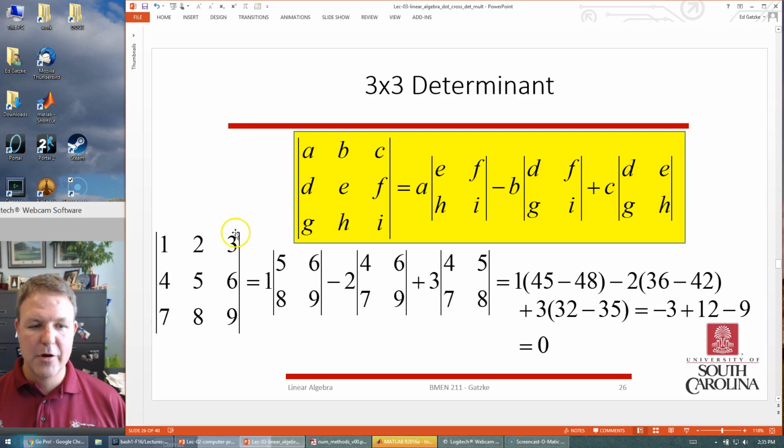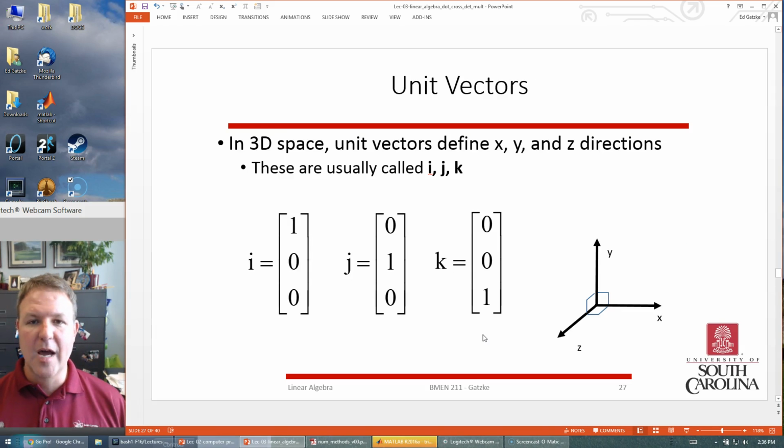We remove the first row and the third column to get a 2 by 2 matrix. So when you do these 3 2 by 2 determinants, you get 5 times 9 minus 6 times 8, 4 times 9 minus 6 times 7, and 4 times 8 minus 5 times 7. And once you do all that number crunching, you get 0. 0 is an interesting value for a determinant. Just like a dot product, a 0 meant something. A determinant of 0 means something.